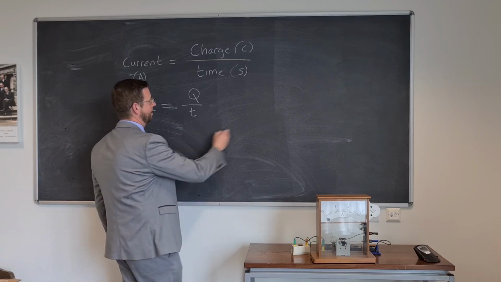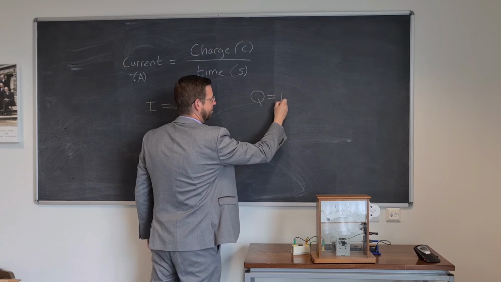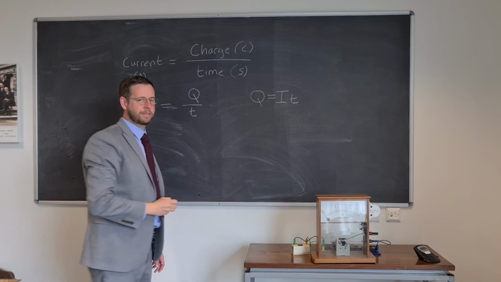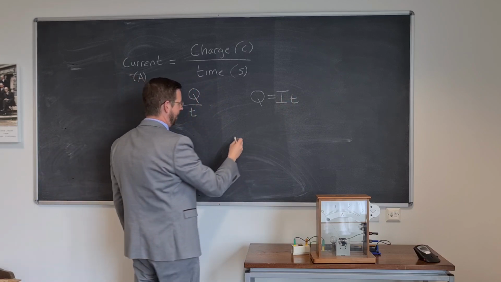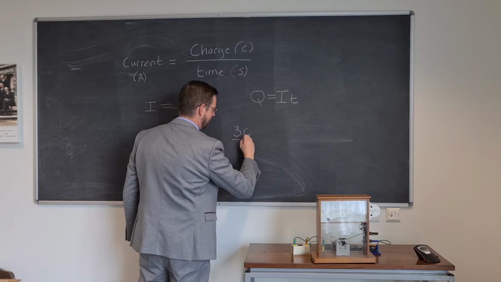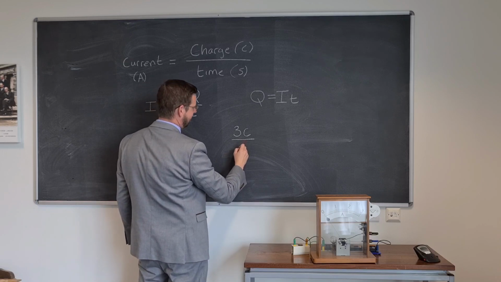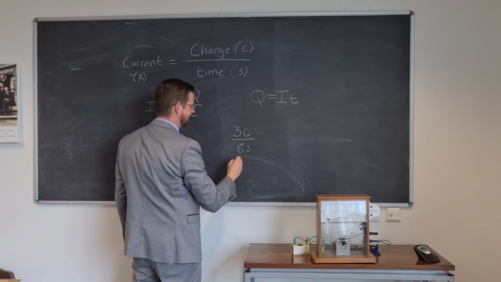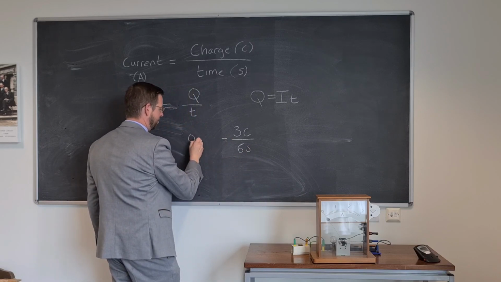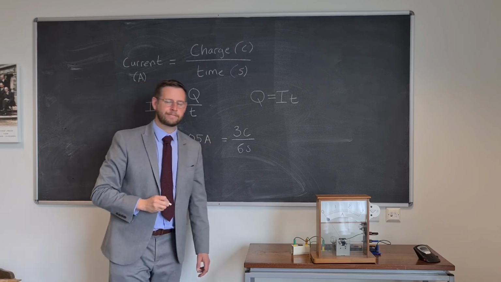And you will see this rearranged in the format that charge can be found by doing current times time, multiplied there in the middle. So if I had 3 coulombs of charge and it was flowing in, let's say, 6 seconds, then you can see that my current would equal 0.5 amps. But that is how we do it.